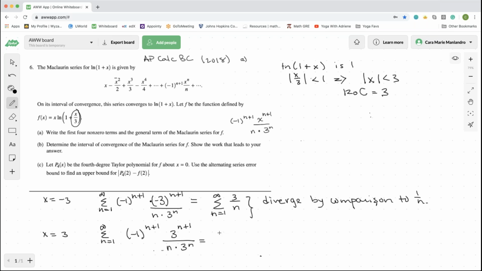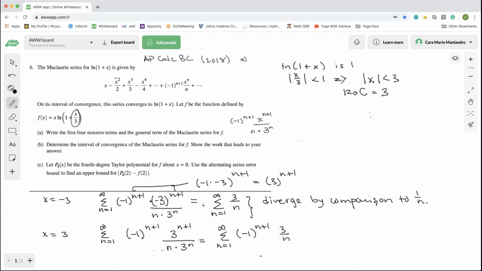All right, and then now I don't get to cancel that negative 1 to the n plus 1 and roll it in here. Everybody okay with this? Essentially what I did was I said that this is negative 1 times negative 3 to the n plus 1, which is 3 to the n plus 1. I don't get to necessarily play with that here. All right, this gives me negative 1 to the n plus 1 times 3 over n.